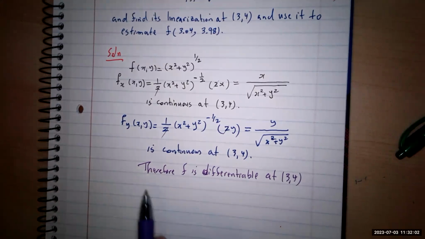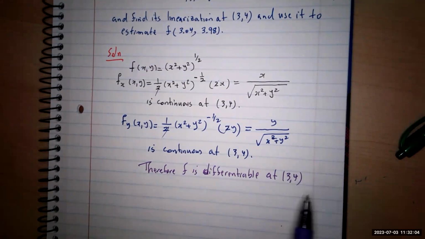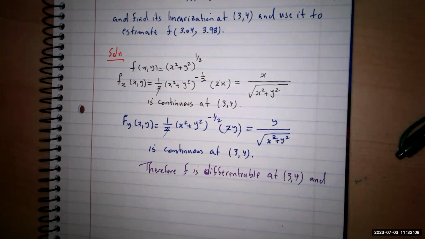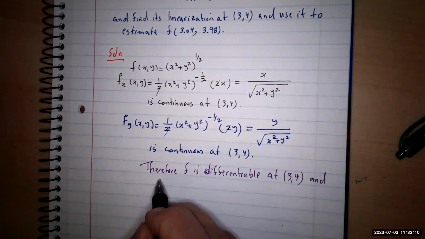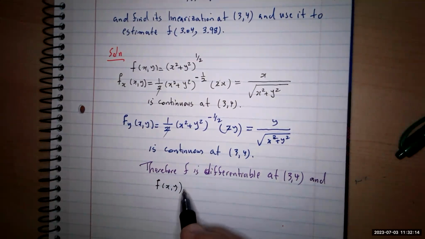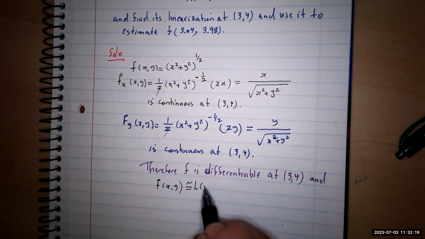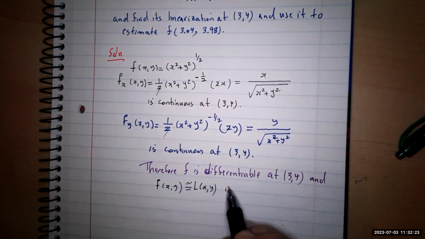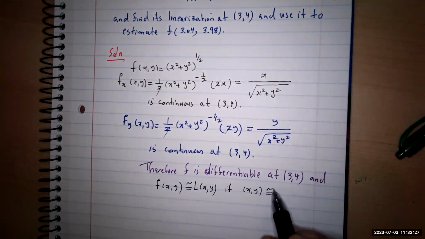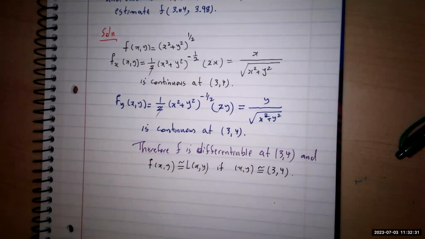So f is differentiable, and when it's differentiable, you know that the value of the function can be estimated by its tangent line approximation, of course, if you are only going to be around 3 and 4 in this case.